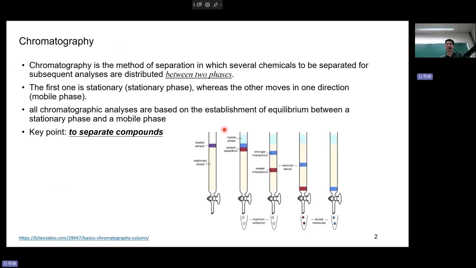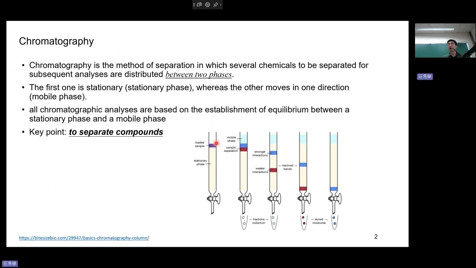So this is chromatography, and it basically consists of a glass column, and inside the glass column, you paint it with some solid material. When you load your mixture of compounds into the column, gravity drives the mixture of compounds moving forwards.